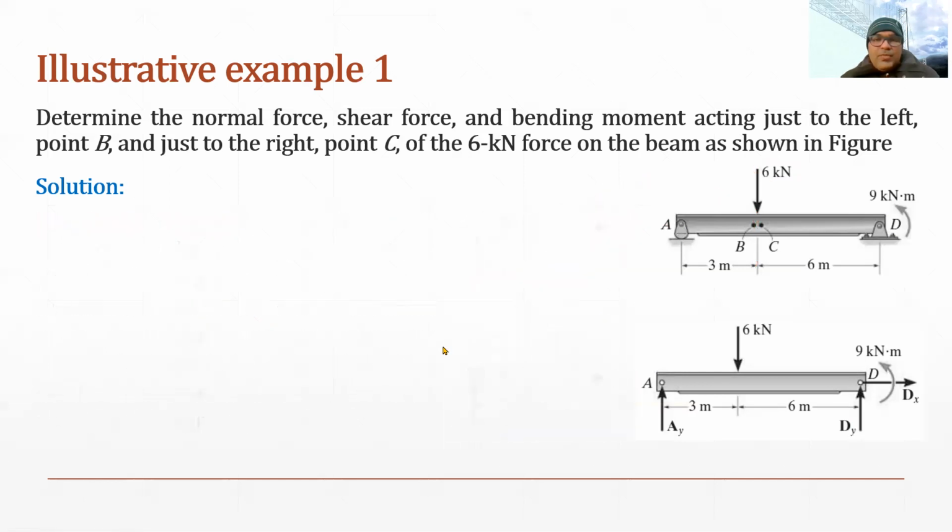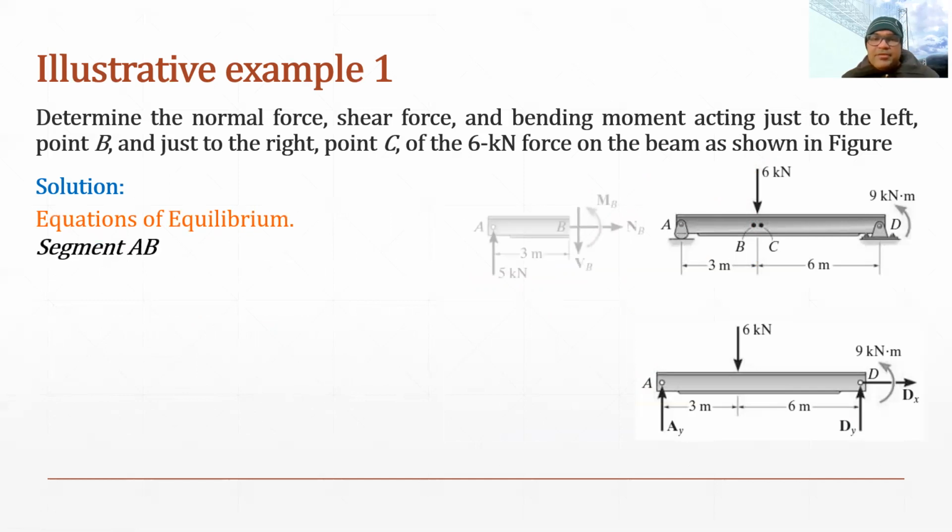First of all, we will consider the segment AB. Now we will apply equations of equilibrium to segment AB. This is our segment AB, and in this we will apply the equations of equilibrium to find out the value of NB, MB, and VB.